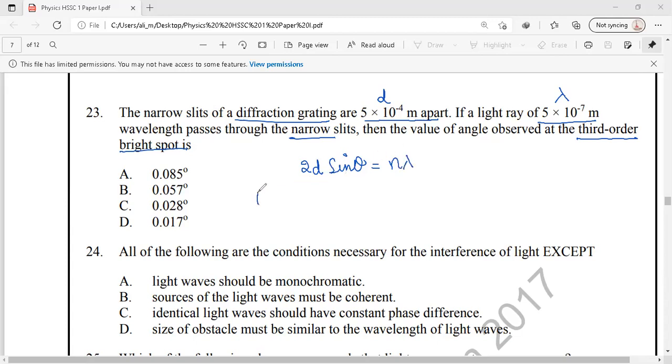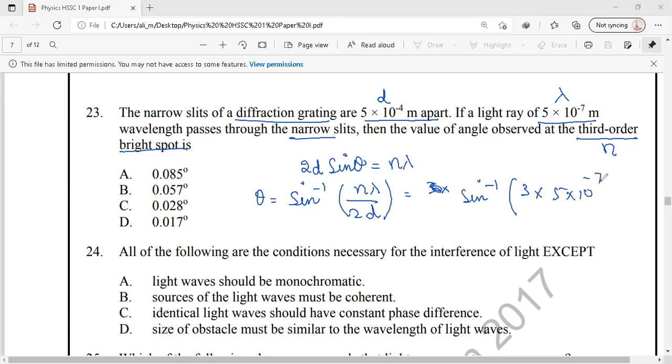So theta equals sine inverse of n lambda divided by 2d. The value of n is 3, so 3 times the wavelength, 5 × 10^-7, divided by 2 times the grating spacing, 5 × 10^-4.